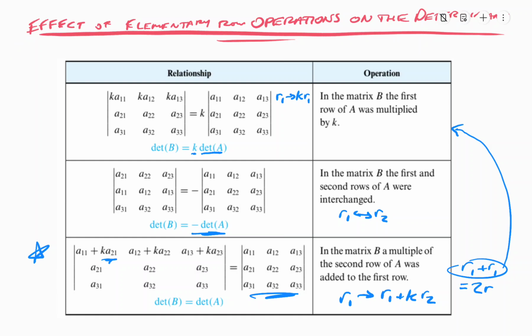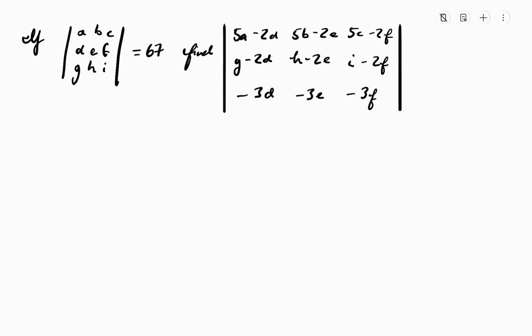So we're going to look at a case here. All right, so let's go through our example. Okay, so the determinant of our original matrix is 67, and we will find the determinant once we've operated with elementary row operations to get this matrix. Let's interpret this as the final operated matrix, and we're going to go step by step.